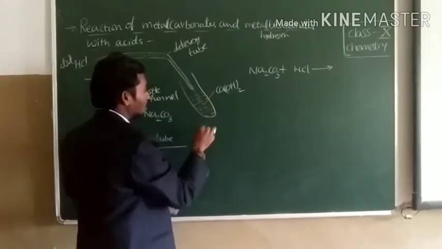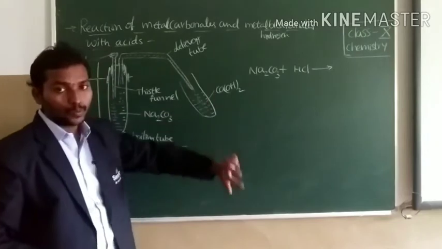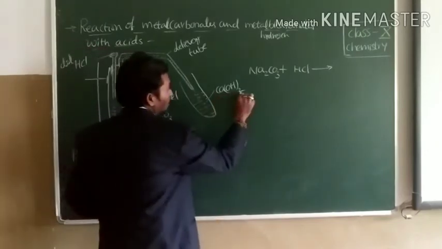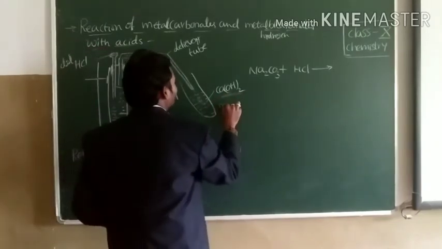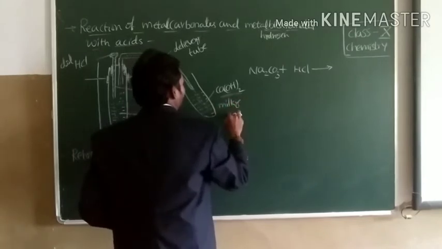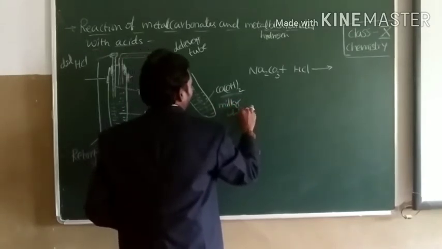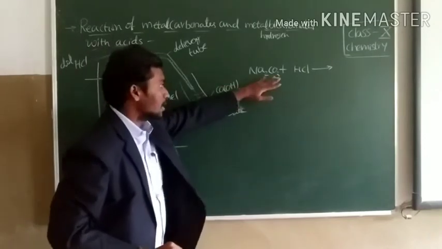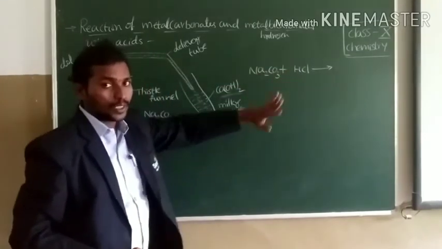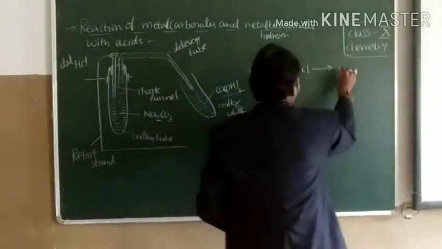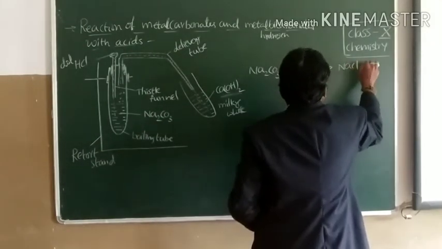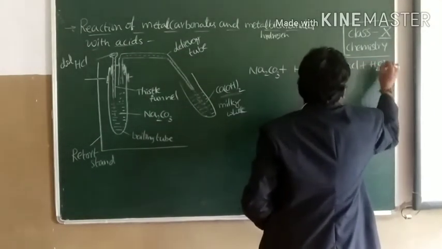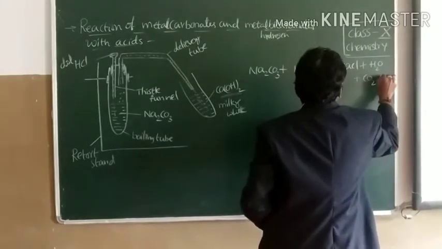Then we notice that the lime water turns milky white. This is because when the reaction takes place between sodium carbonate and hydrochloric acid, it forms sodium chloride, water and carbon dioxide gas.